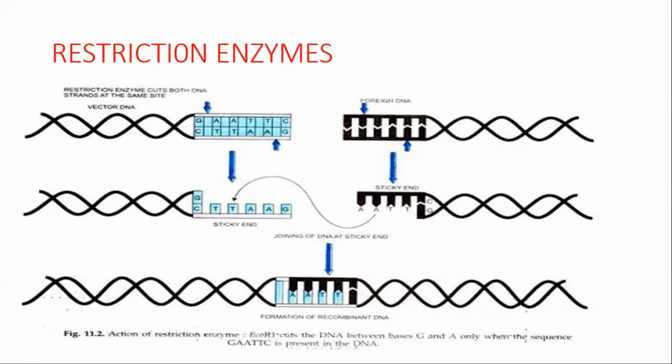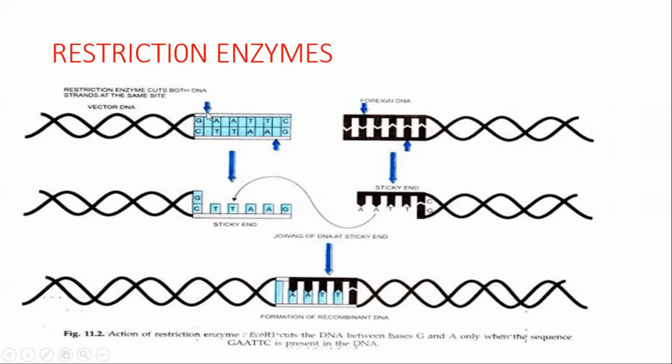So these restriction enzymes work by inspecting the entire length of the DNA molecule. It has inspected all over the DNA molecule and found this palindromic sequence. Once it has found this palindromic sequence, it is going to make a cut at the same positions, meaning in the vector DNA as well as in the foreign DNA, between G and A only.